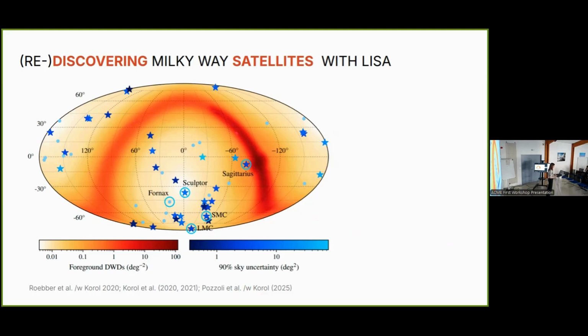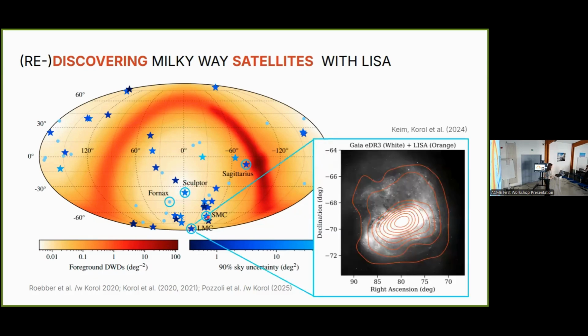The red and orange is the Milky Way plane, and the points and stars are known satellite galaxies. The ones where we have more LISA detections than in the Milky Way background I highlighted with a blue circle. For instance, the Magellanic Clouds will be really spatially resolved galaxies in the LISA sky.